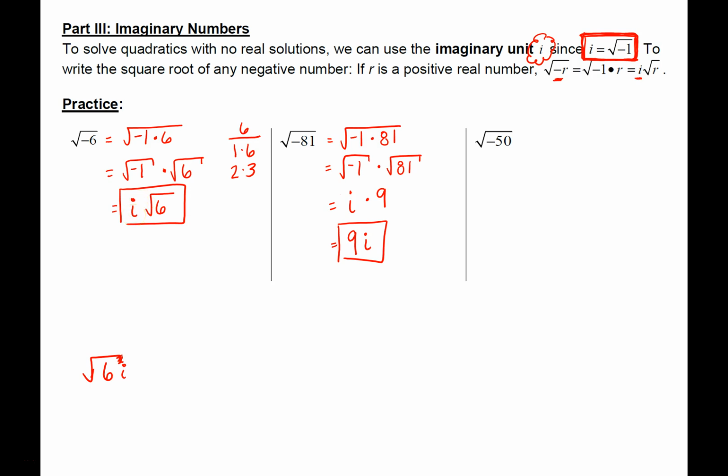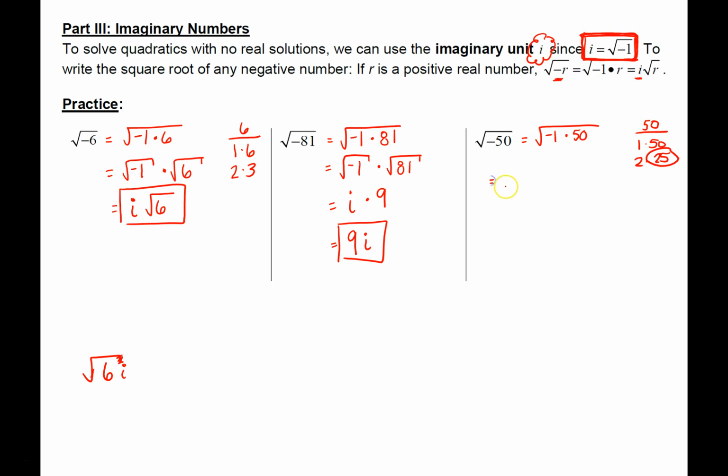All right, let's look at one more that's going to have a couple of things going on in it. So in this one, we have the square root of negative 50, so that's negative 1 times 50. For 50, I'm going to write my list of numbers, 1 times 50, 2 times 25, and I'm going to stop right there because 25 is a perfect number.